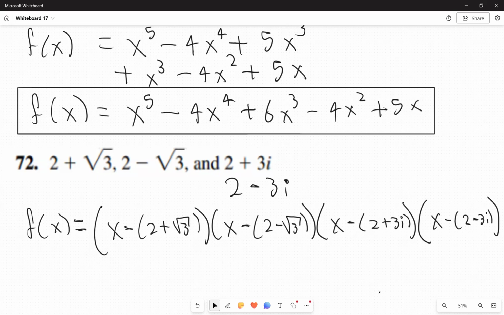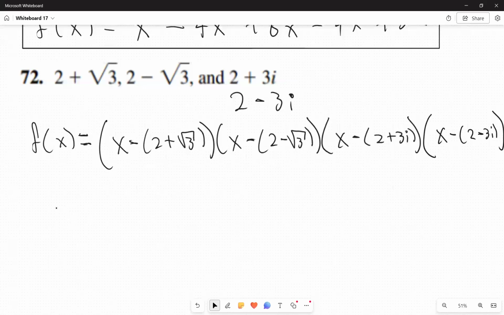So we need to get rid of those square roots and those terms with i. So what I'm going to do is rewrite these factors.